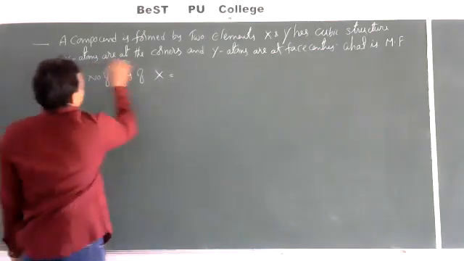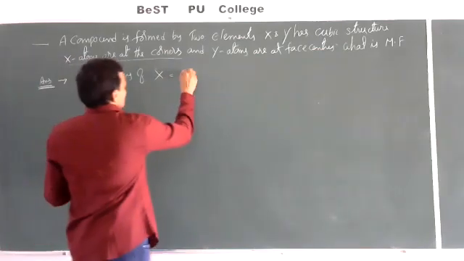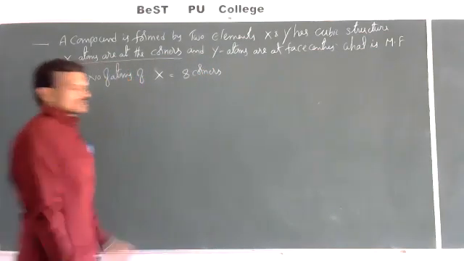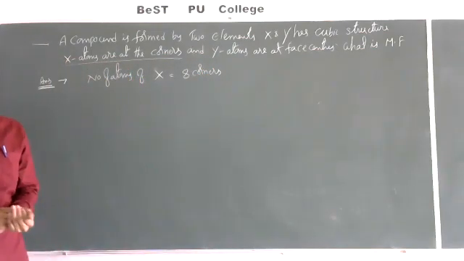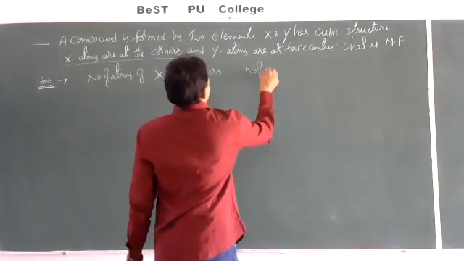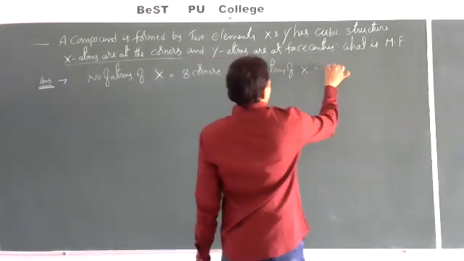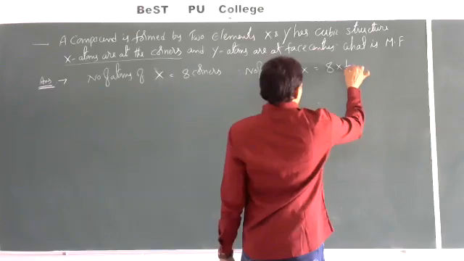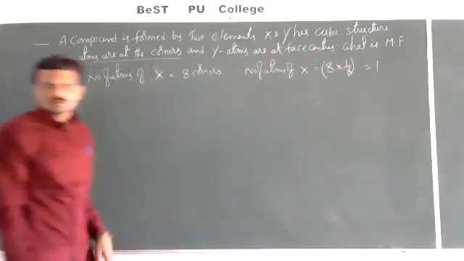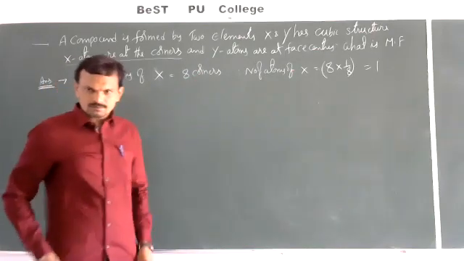X atoms are at the 8 corners. Therefore, number of atoms of X is equal to 8 into, what is the contribution of a corner? 1 by 8, which is equal to 1. So the number of atoms of X is equal to 1.